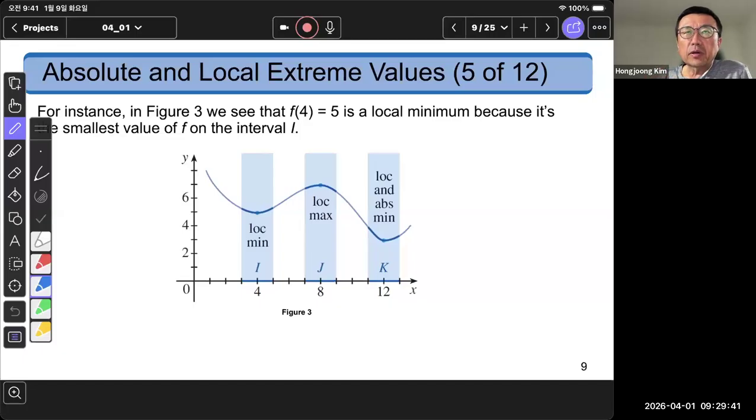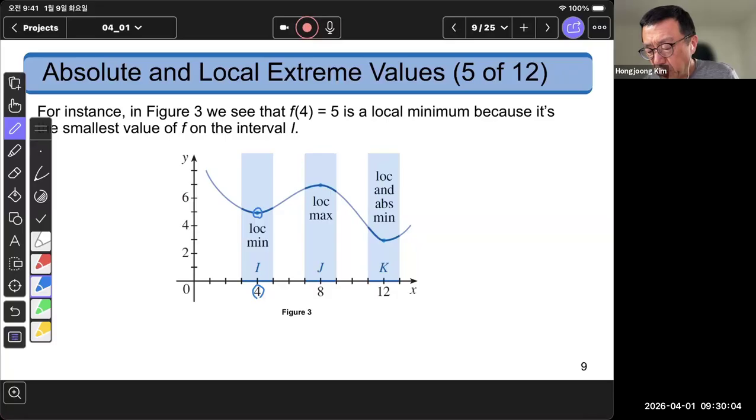So let us consider figure 3. At point 4, the function value at 4 is definitely a local minimum, because I can consider the interval I, and on that interval I, the function has the smallest value at 4.